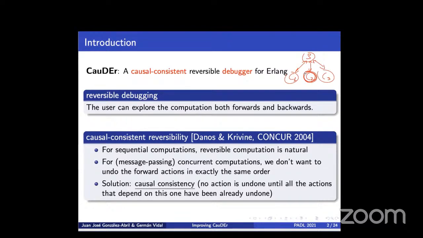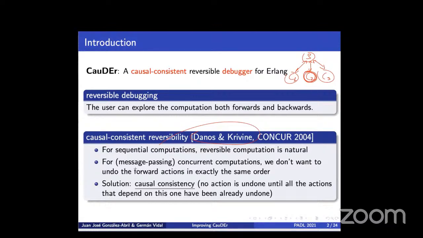Therefore, here we use the notion of causal consistent reversibility introduced by Danos and Krivine in 2004, which means that we don't need to undo all the actions in exactly the same order, but every possible reversible computation is acceptable, as long as it's causal consistent.